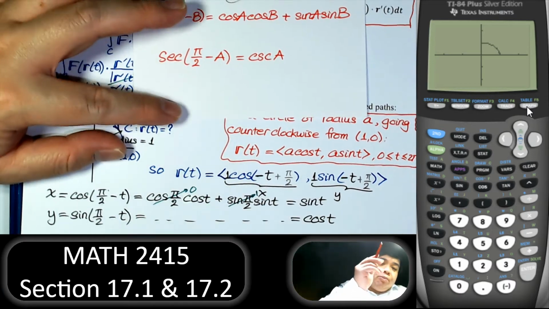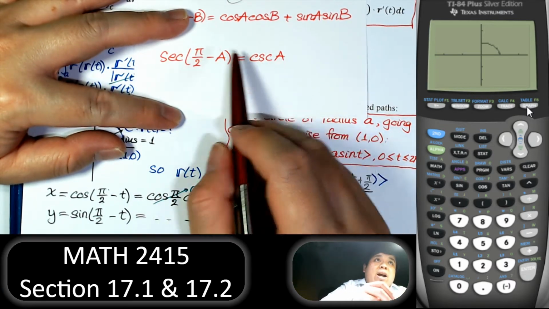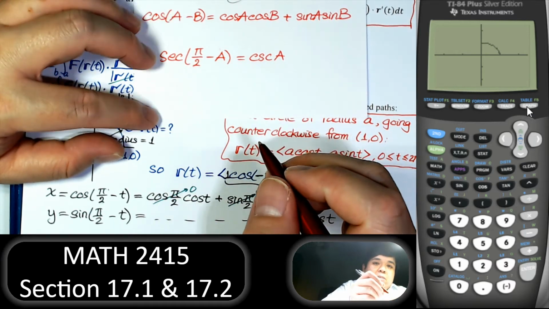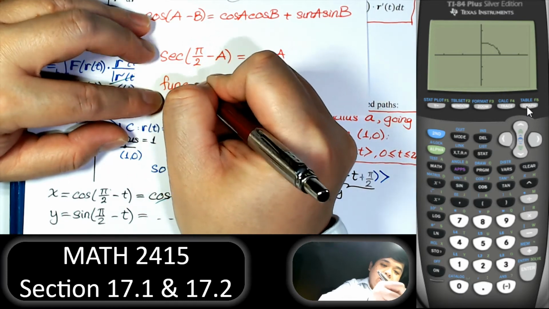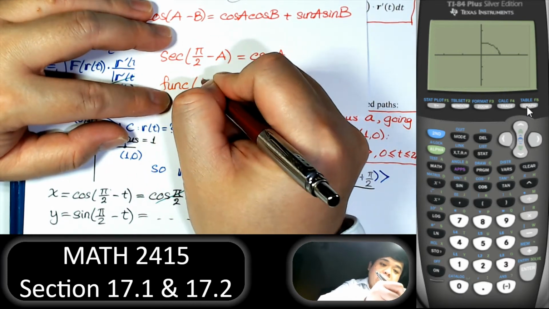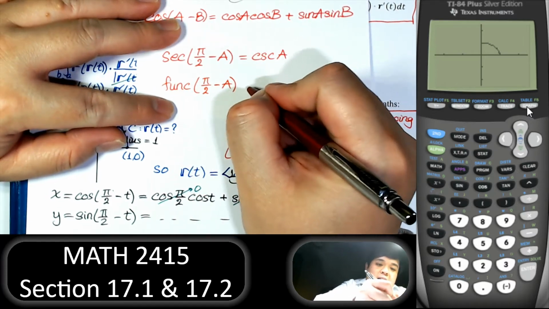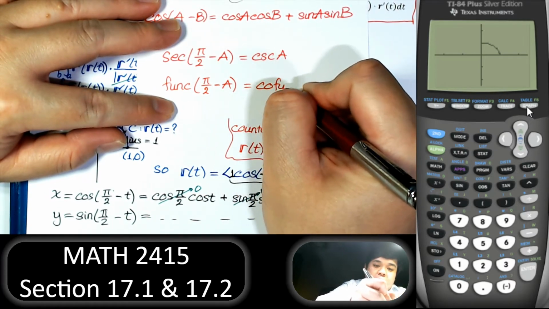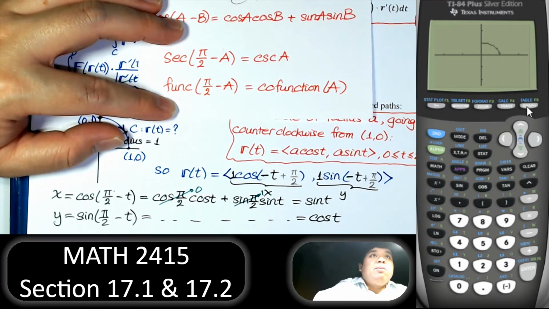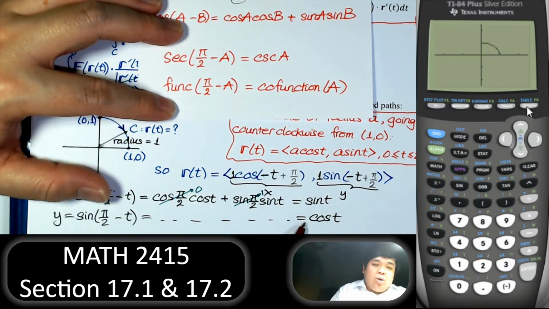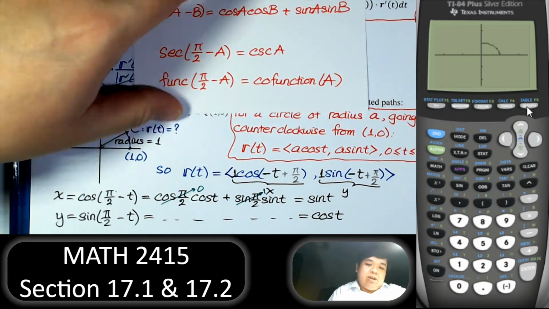Once we go from a complementary angle, a trig function of the complement of an angle is equal to the cofunction of that angle. So sine and cosine are cofunctions.